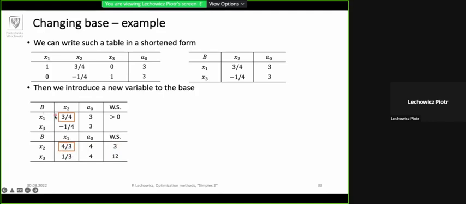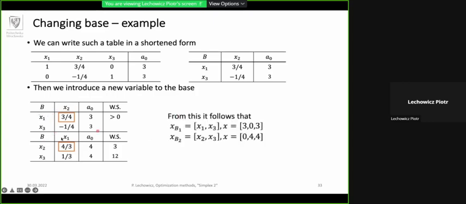However, this was the row which we already had, so this will lead to the base which we already had. So from this, it follows that the first base is equal to x1 and x3, and the solution to such a system of equations for which we have free variables equal to 0 is equal to 3, 0, 3, because here we have 3 for x1, here we have 3 for x3, and for x2 we are assuming it's equal to 0.